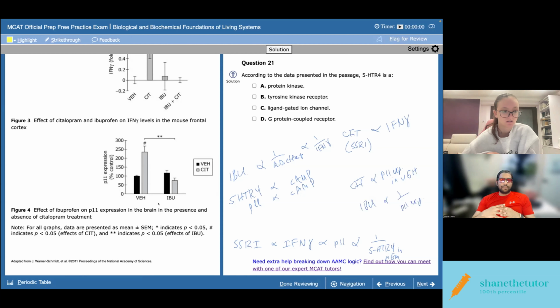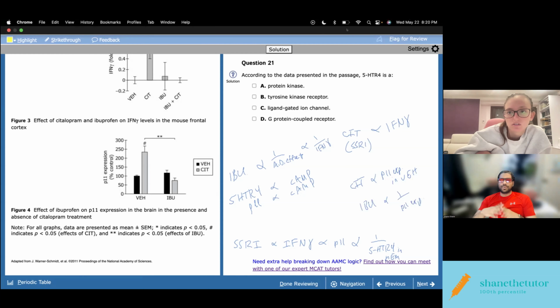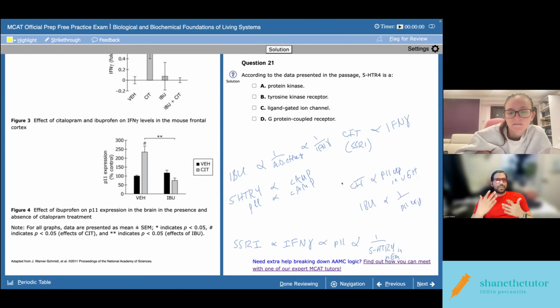P11 means more cAMP, and ibuprofen means less of the antidepressant effects. So essentially, you should see the inverse for all the things that we said the SSRI does. So it's inversely proportional to IFN, and then we have CIT, the citalopram.